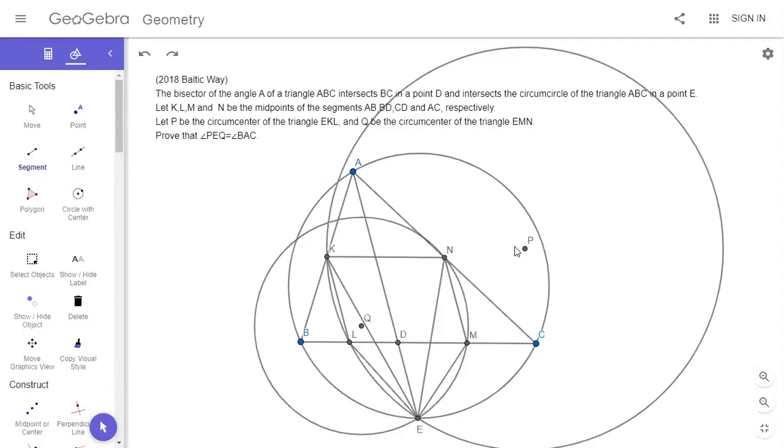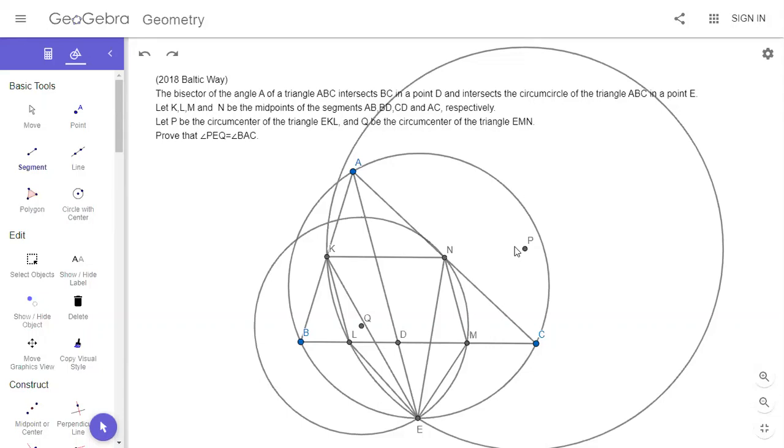So BAC is 180 minus BEC. I don't even know where to start here.